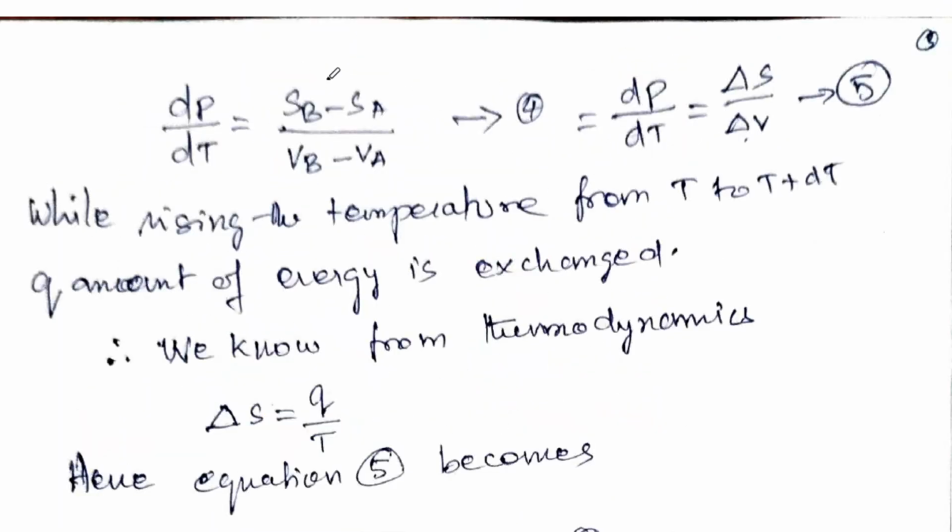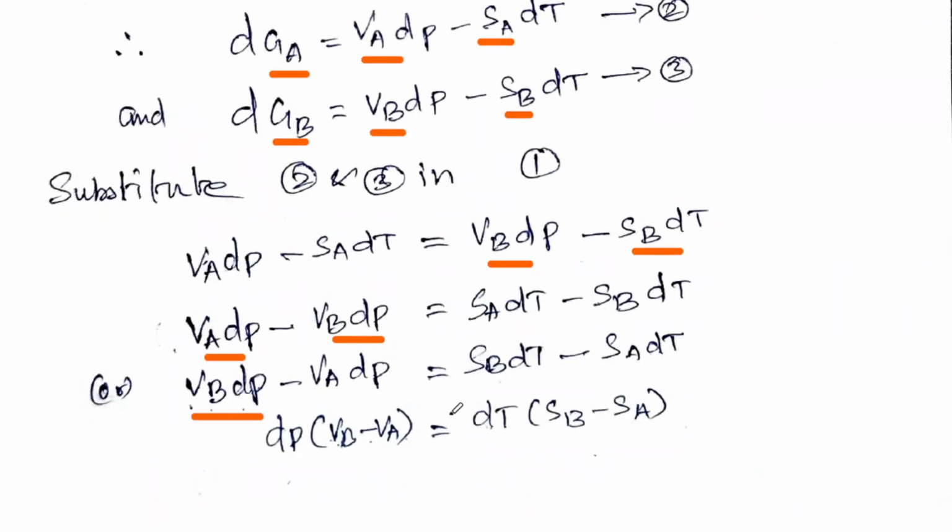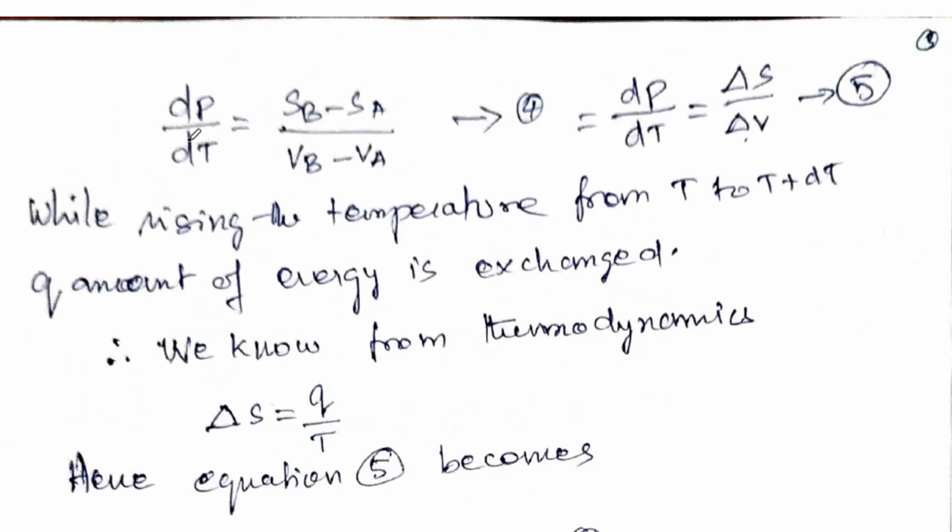I am bringing this dT here, so that I get dP divided by dT, that is equal to Sb minus Sa divided by Vb minus Va.